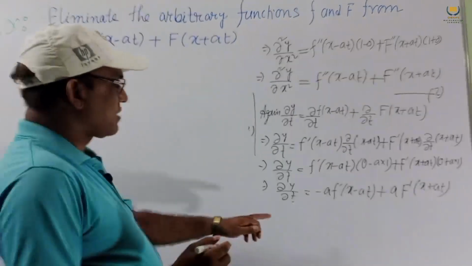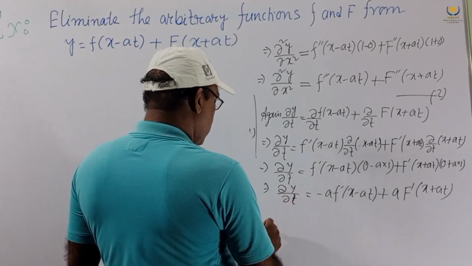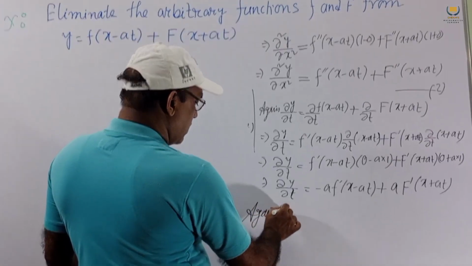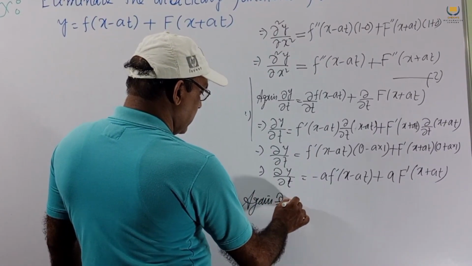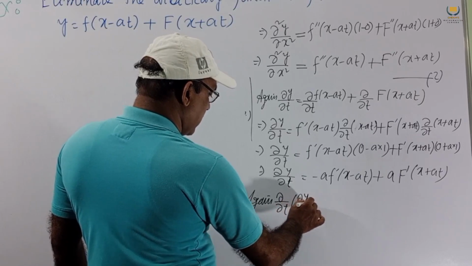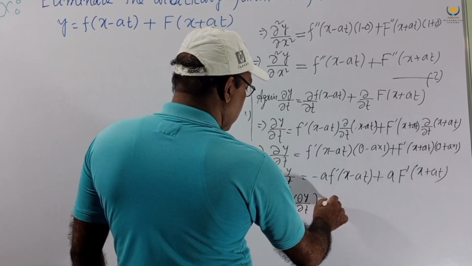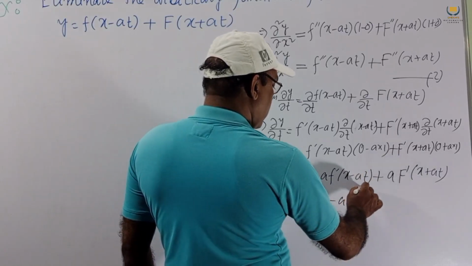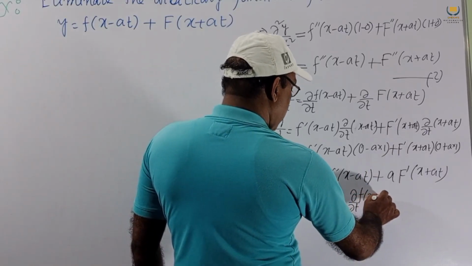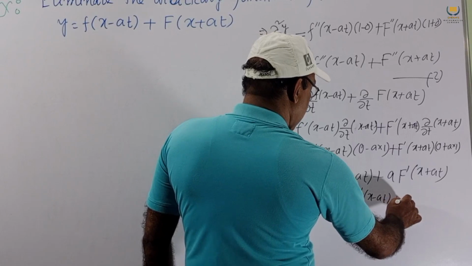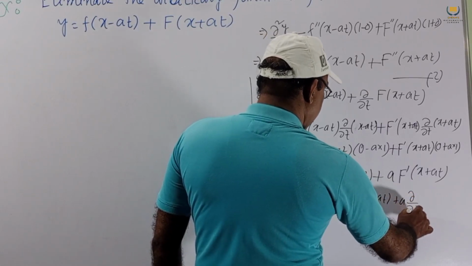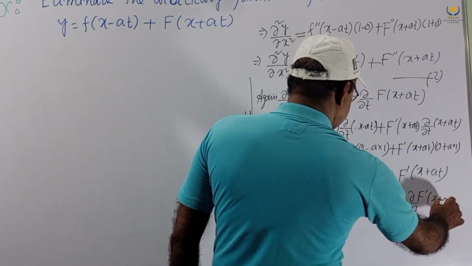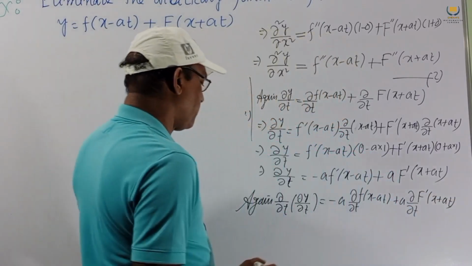So again we differentiate with respect to t. ∂/∂t of ∂y/∂t equals −a ∂/∂t f'(x − at) plus a ∂/∂t F'(x + at).